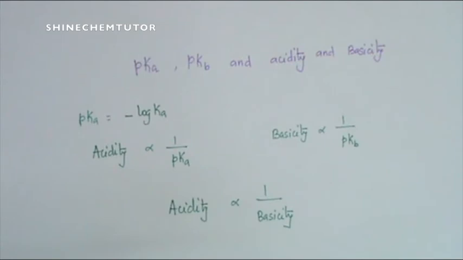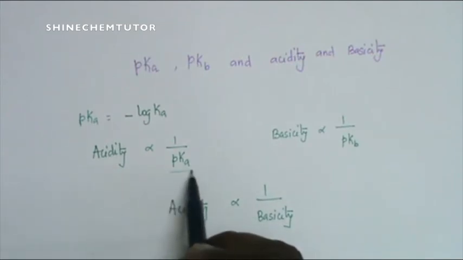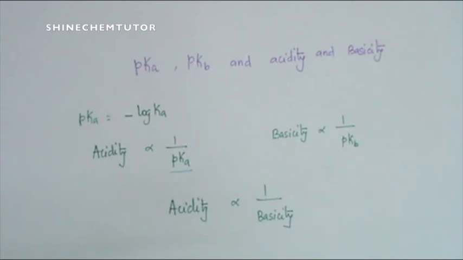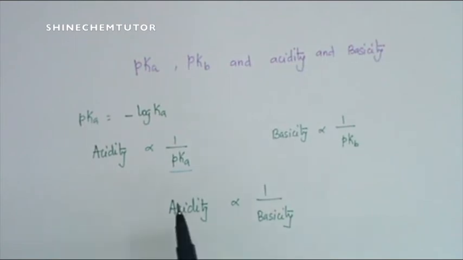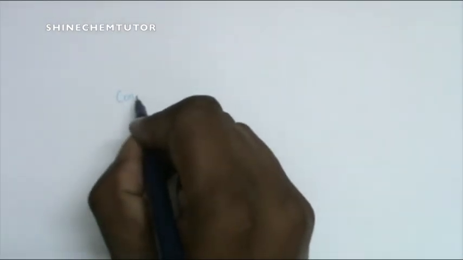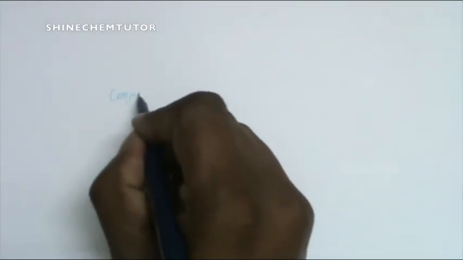It is not compulsory that you should know the pKa values for a particular compound. If you know the increasing order of the acidity, that is equal to decreasing order of pKa. This particular topic will not be complete if I don't discuss about conjugate acid-base pair.